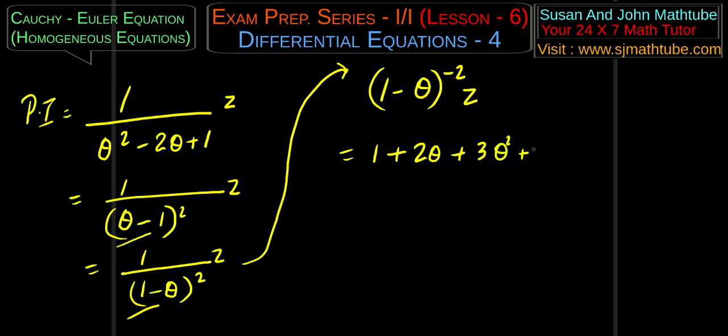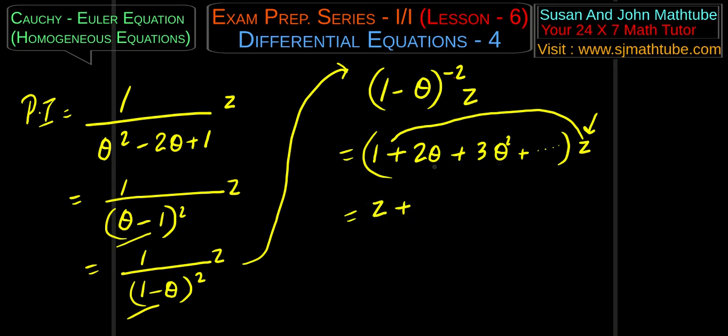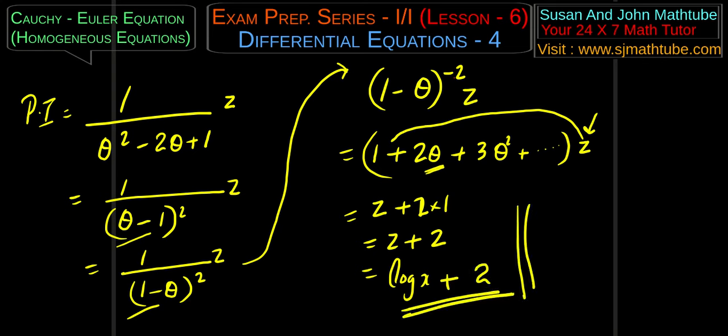Wait, we don't have to write much because the polynomial is of degree 1. So when we take it inside, we get 1 into z, that is z, plus this is the first derivative, that will be 2 into 1, and that is equal to z plus 2. But z is log x plus 2. Now you write the general solution, that is CF plus PI.